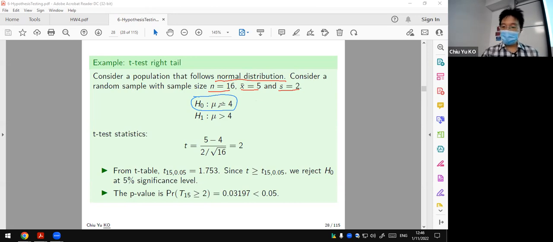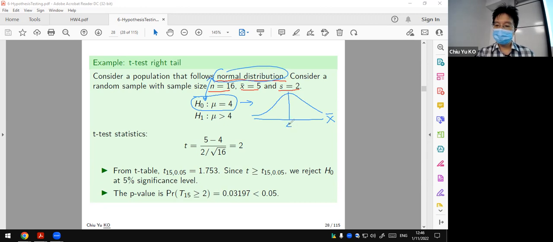And the main thing is if you have this normal plus this together, which implies the following: X bar will be a bell curve, with 4 here. If you know the sigma square, then this will be the standard normal bell curve.